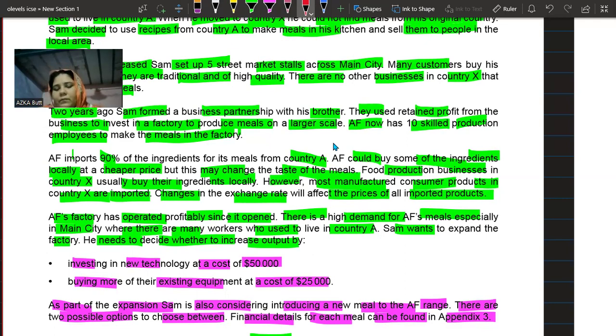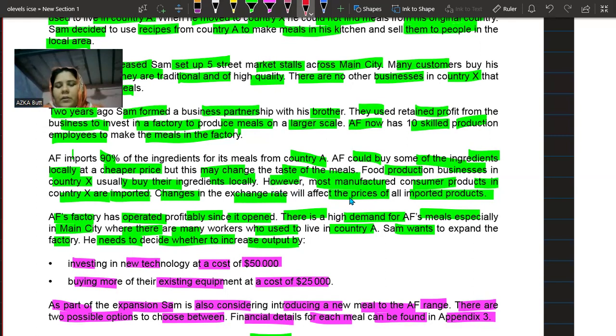Okay, so if maybe he is going to purchase some ingredients from the local market, and if these ingredients can change the taste of the food, it would not be suitable. Maybe your customer would no longer be your loyal customer, because of course you will lose the taste of your food.